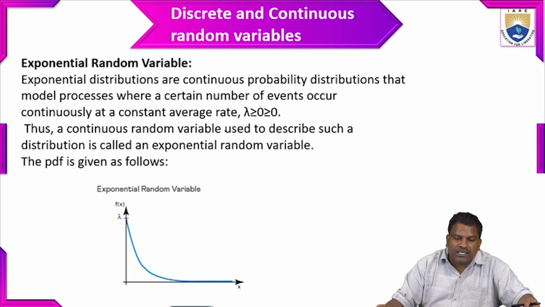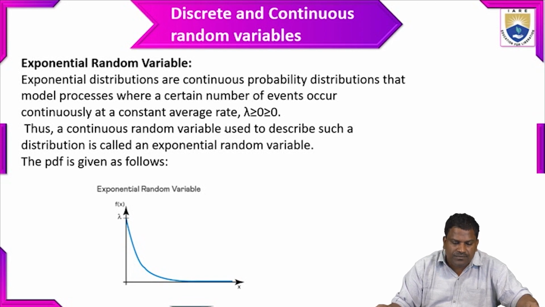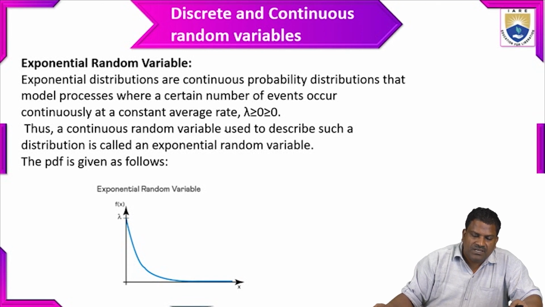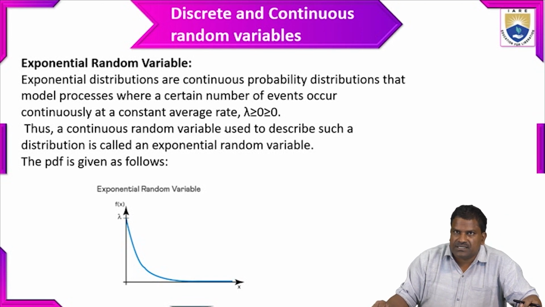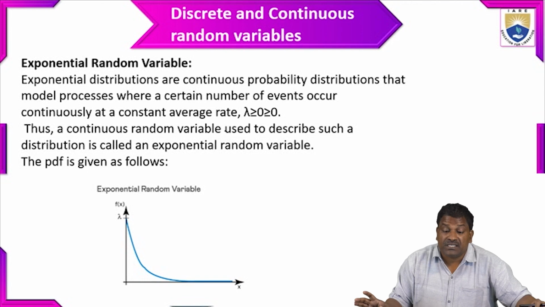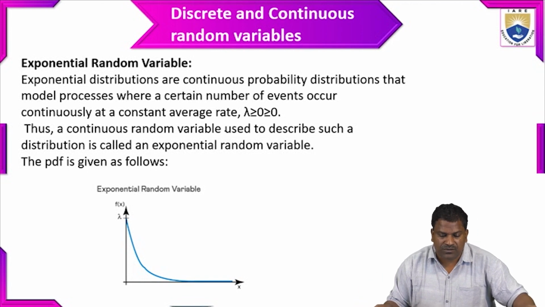Now, an exponential random variable, as we discussed earlier, here its parameter lambda is always positive. The exponential distributions are continuous probability distributions. That's why lambda is always positive.